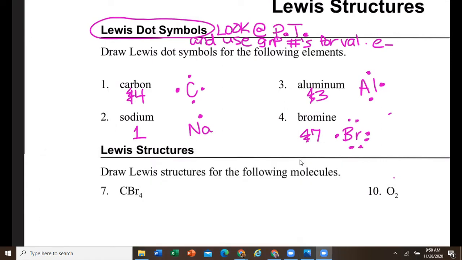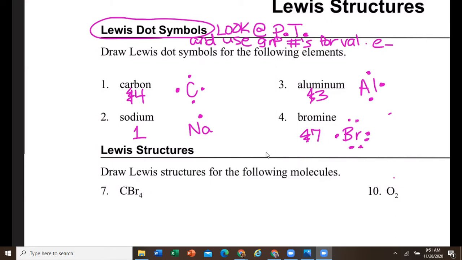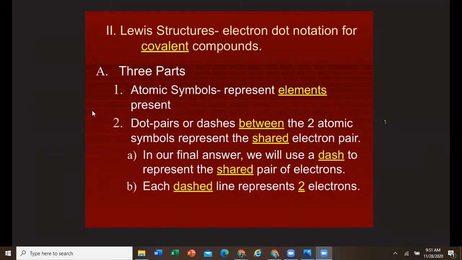All right, so for Lewis structures, when we're doing our electron dot notation for a covalent compound, now we're actually combining everything. We have atomic symbols, the things that were in the center. We just saw that on this one. So we put our atomic symbol in the center. Then we're going to show dot pairs or dashes between 2 atomic symbols. We have not seen this.